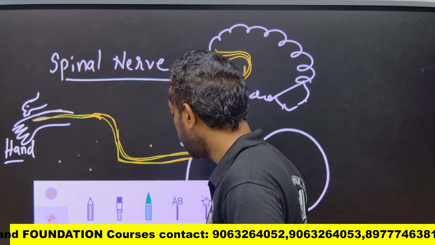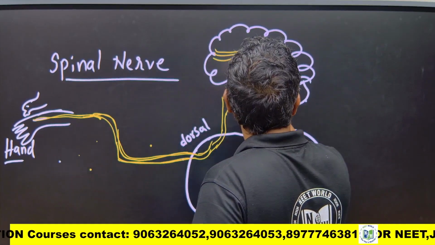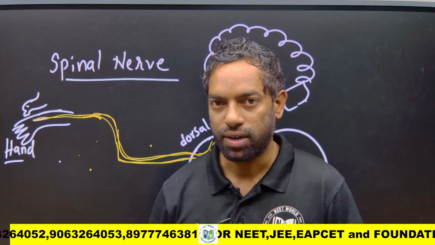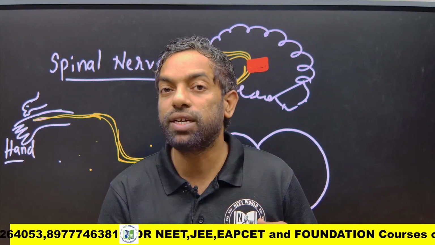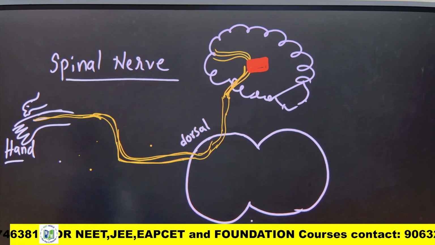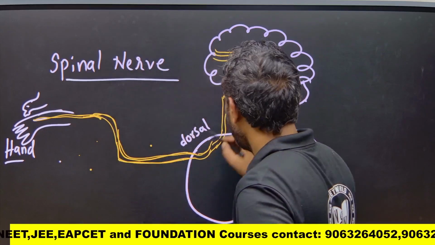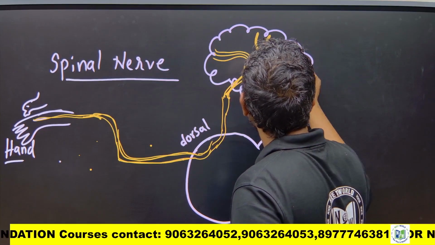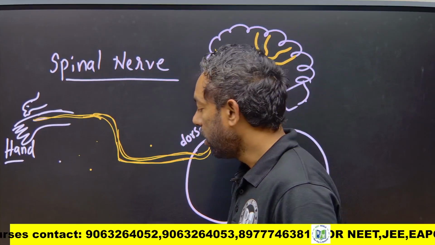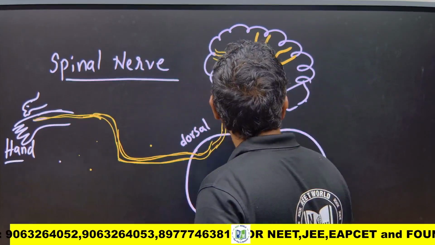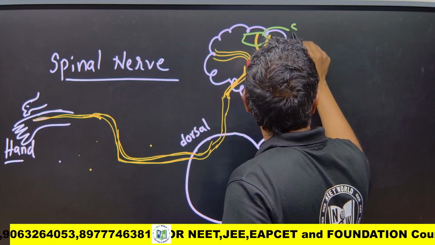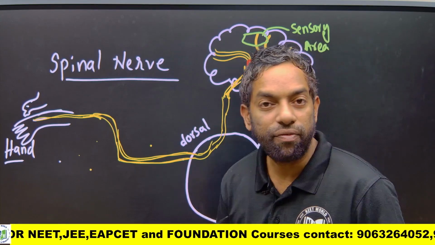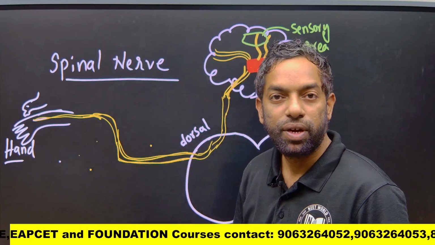The brain analyzes, and there is a relay center. The relay center gives the signal to the relevant part of the cerebral cortex, depending on which object or function is involved. For sensory information, there is a sensory area, which captures the information coming through the peripheral nervous system, the sensory neurons.